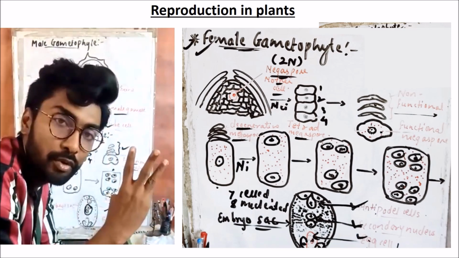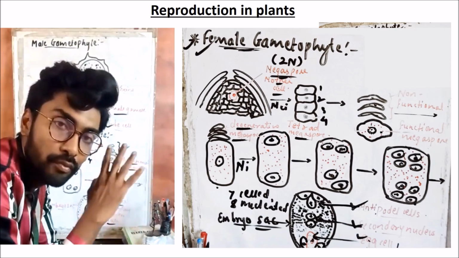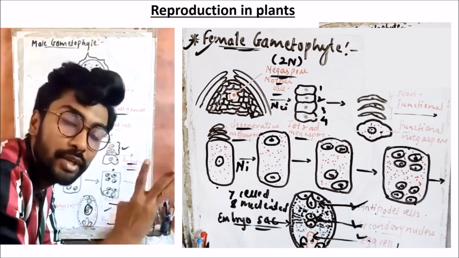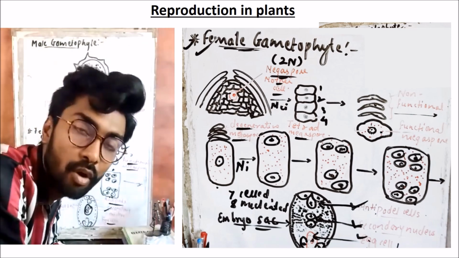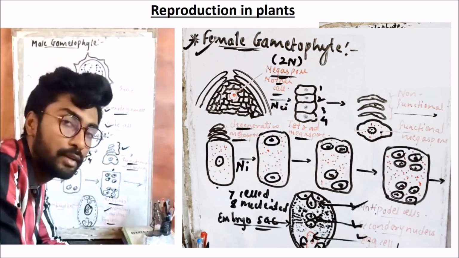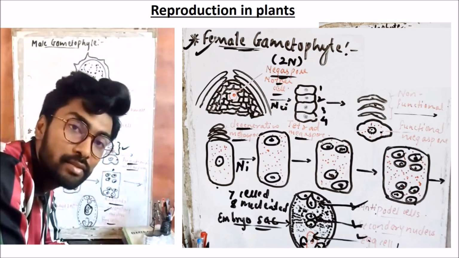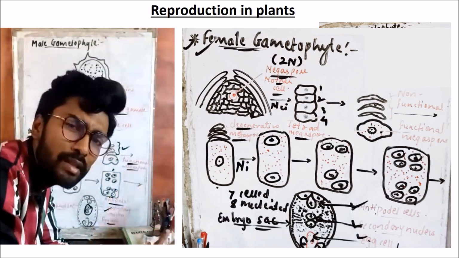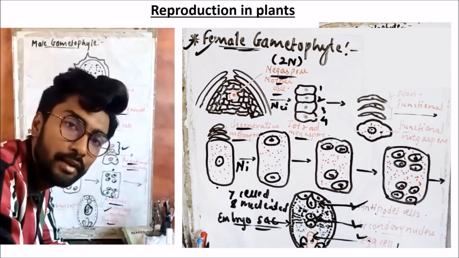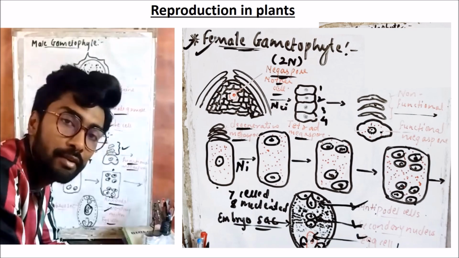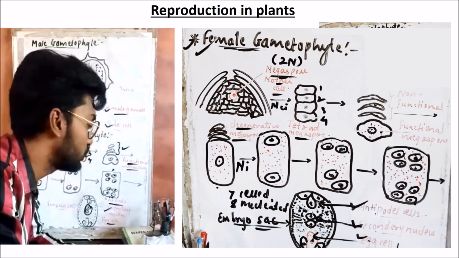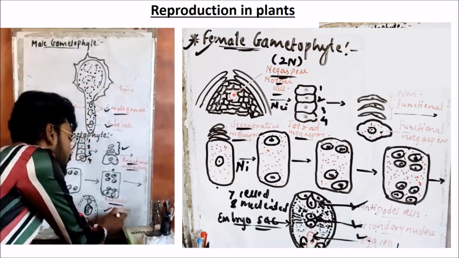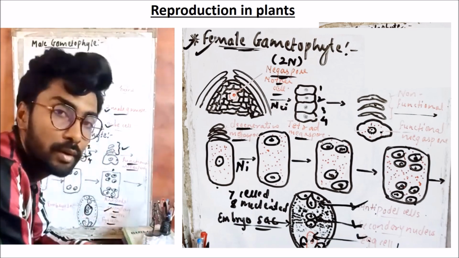Now, these antipodal cells are generally degenerative. Once fertilization takes place, they undergo degeneration, and that's why they are called degenerative cells, right?